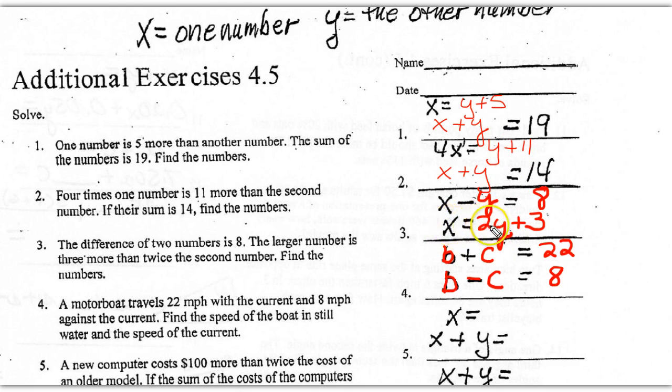You've solved for x, just put this value where the x is, and then solve it. Now this one, notice if we put a line underneath it, these will cancel out and we get 2b equals 30. So b equals 15. So that one was easy to do. Alright, let's raise it up a little.